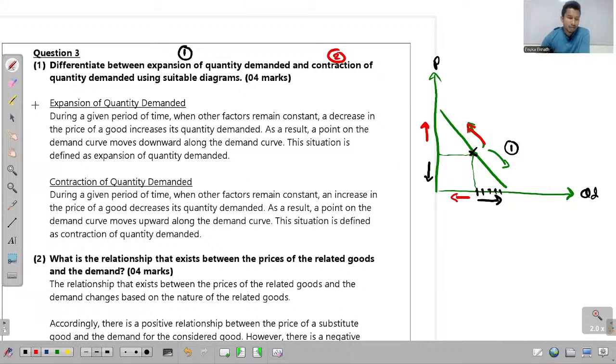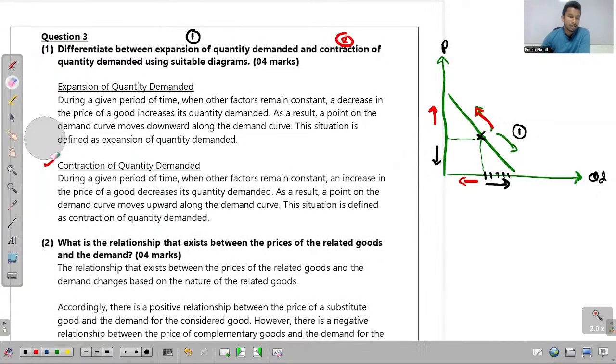Right? Here I have explained the same thing. We'll read this and see. Expansion of quantity demanded. It says, during a given period of time, when other factors remain constant, a decrease in the price of the good increases its quantity demanded.